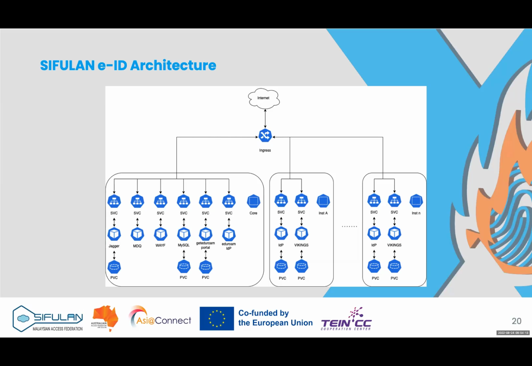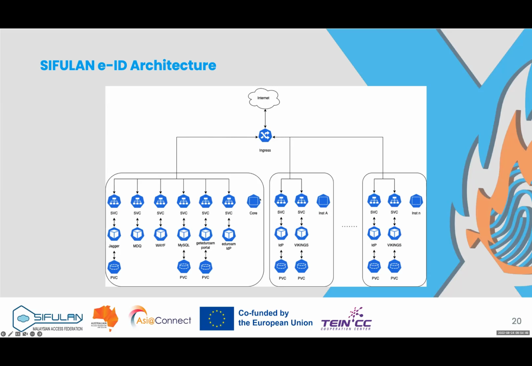The main one is called core, where you can run all the federation core services. If you see here, there's Get Eduroam and also Eduroam IDP. We'll discuss more detail in the upcoming training at APAN 55 in Nepal later. But for our session in Singapore, we'll be more focused on Jagger, MDQ, and also WAF.